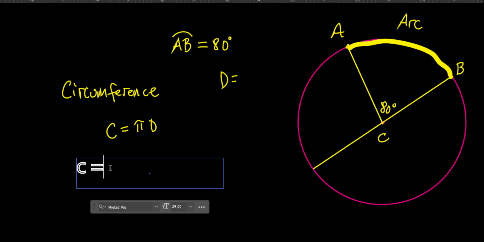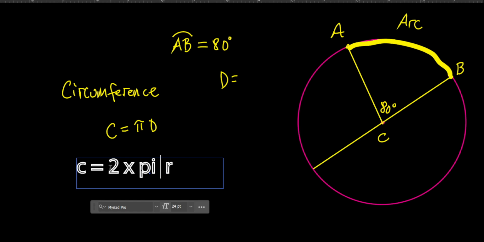So pi times the diameter. We already got C equals pi times the diameter. But if I write it in terms of the radius, we write 2r because 2r would be the diameter. We write 2 times pi times r. All right? So let me put an x in there for times.